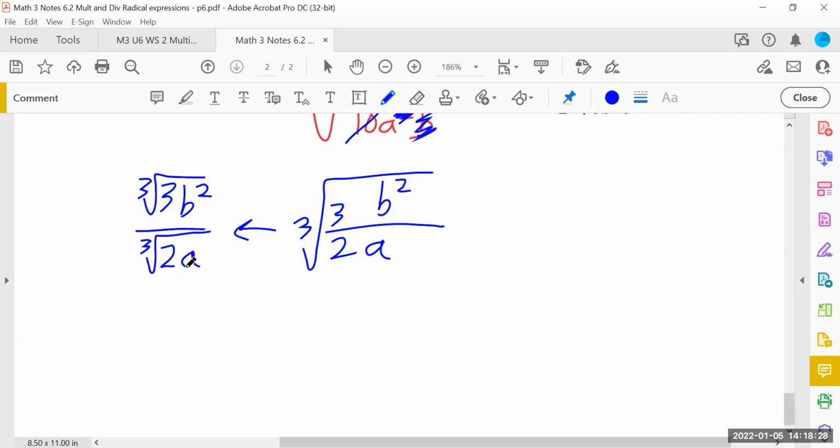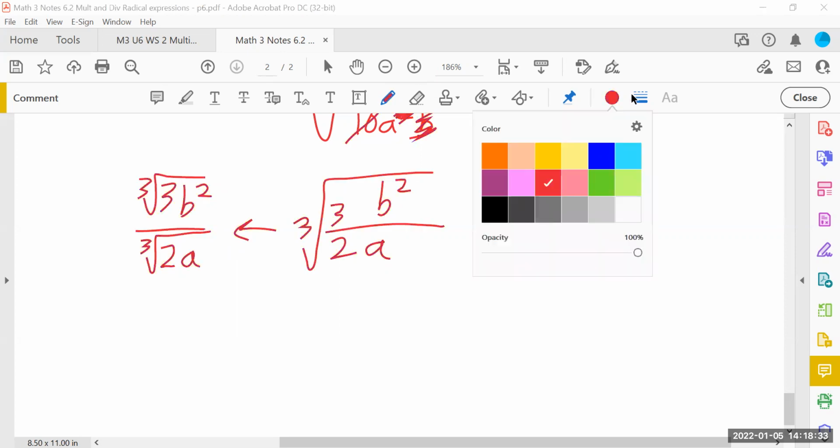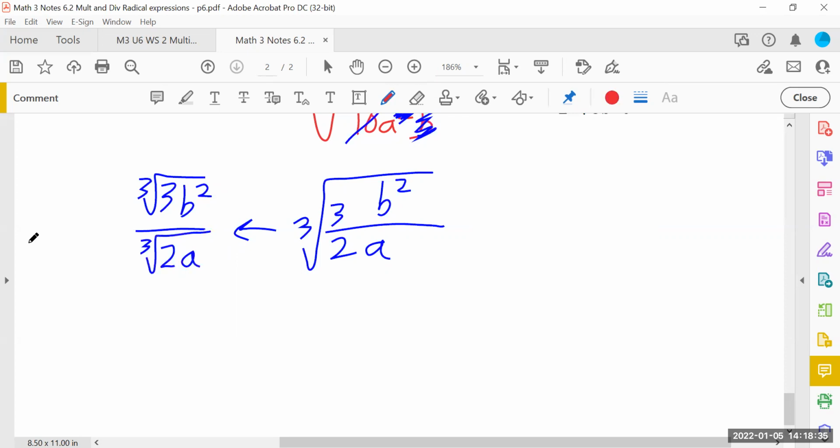I need 3 of each, so I need 2 more of both. I'm going to multiply top and bottom by the cube root of 2 2's and 2 a's. So 2, you can write it out like this, 2 times a times a if you want, or you can go ahead and put those together, make it the cube root of 2 squared or 4a squared. However you want to do it, we're multiplying the top and bottom by the same thing.